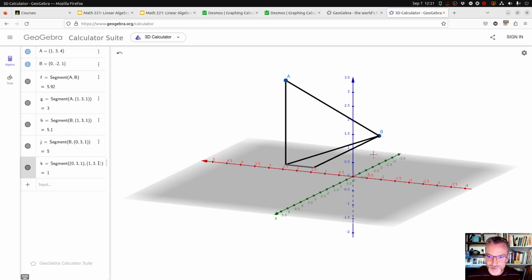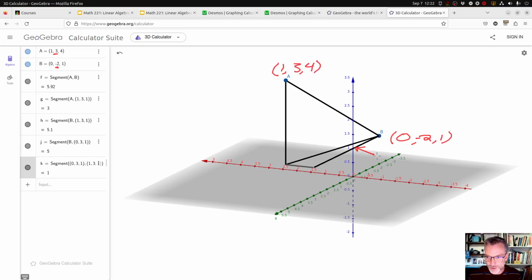The length of this side is just the difference between the, this green axis, we could call it y, for example, or, I'm going to call it y. So these middle components, B is located at (0, -2, 1), and A is located at (1, 3, 4).